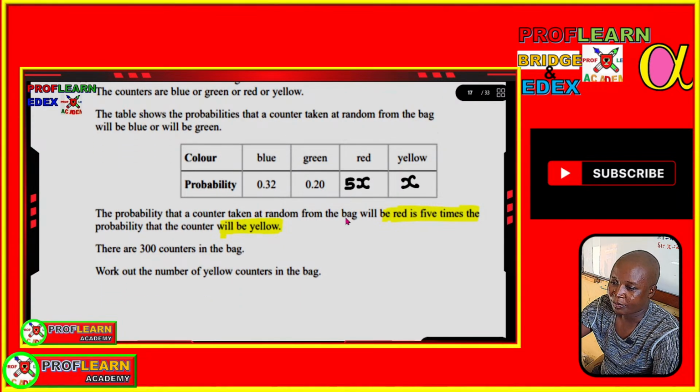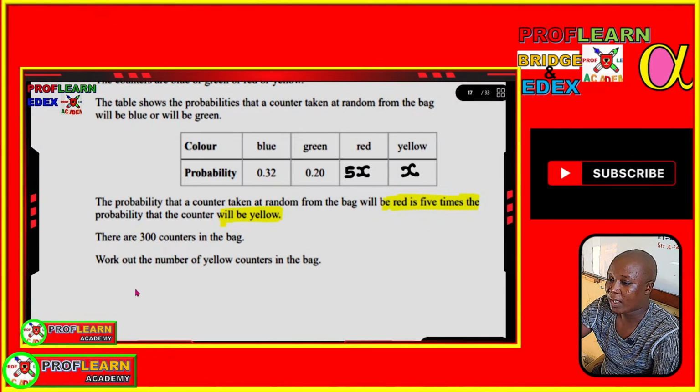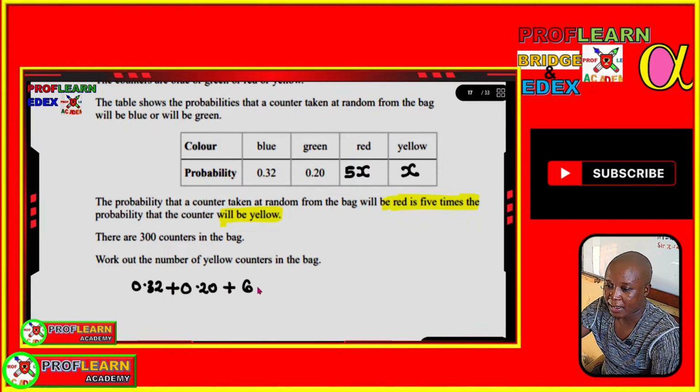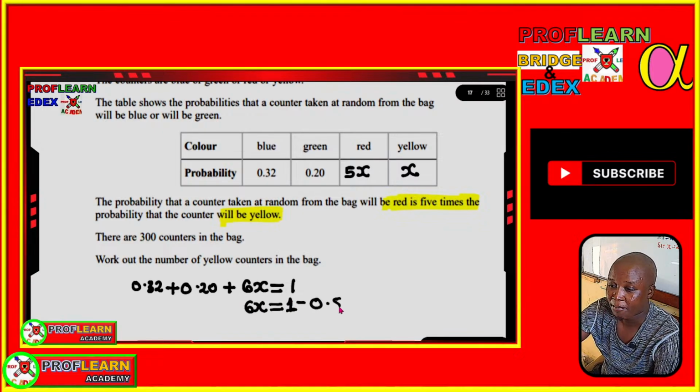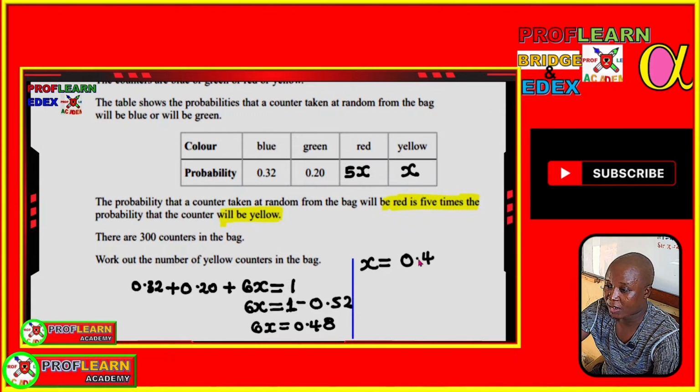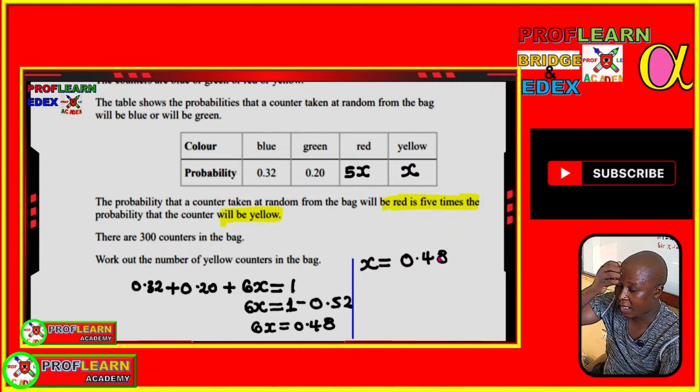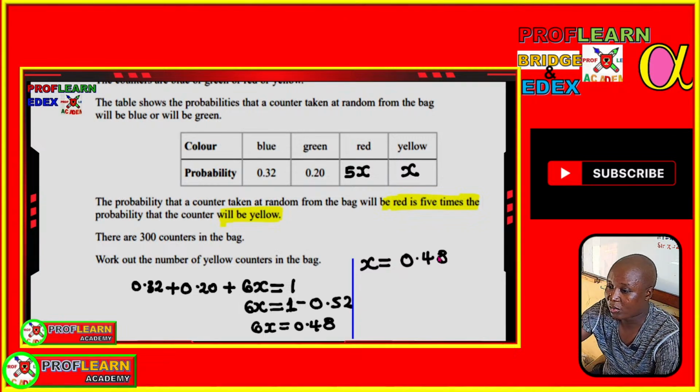Then if we add all the probabilities in that table, we have that equal to 1. We are expected to make x the subject of the formula so that we can find the value of x, and we shall get x is equal to 0.48.